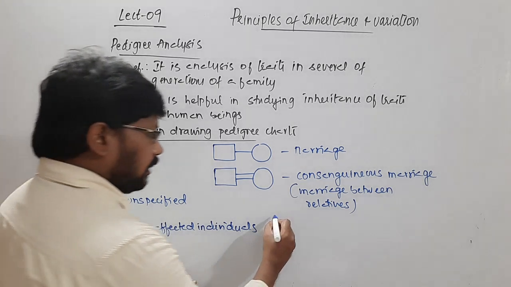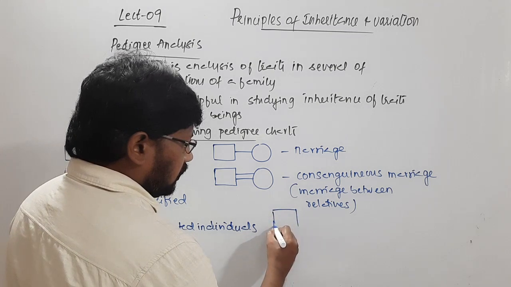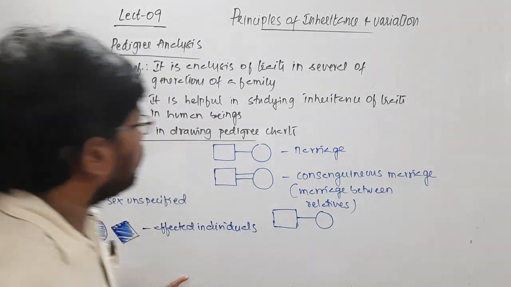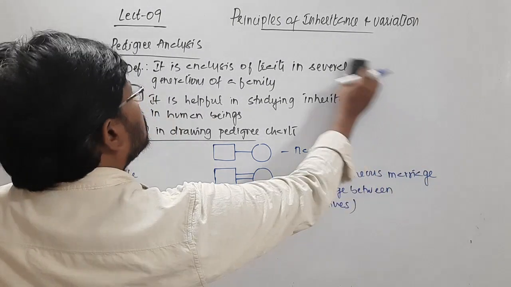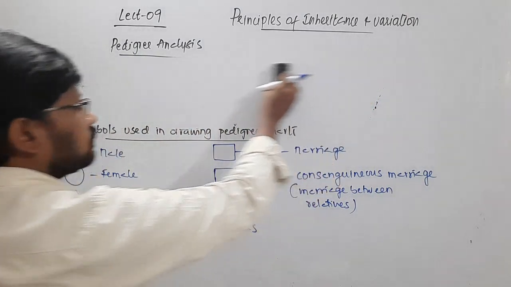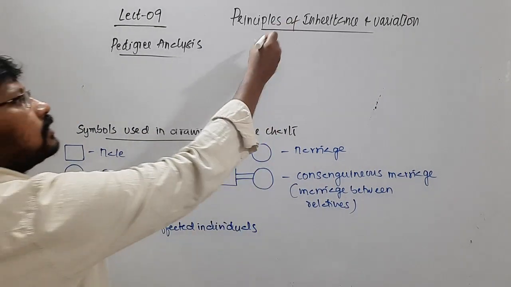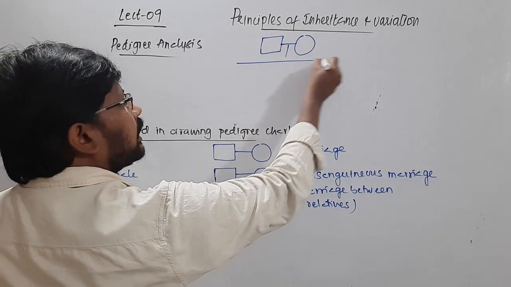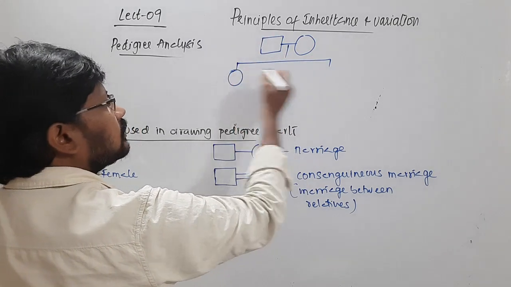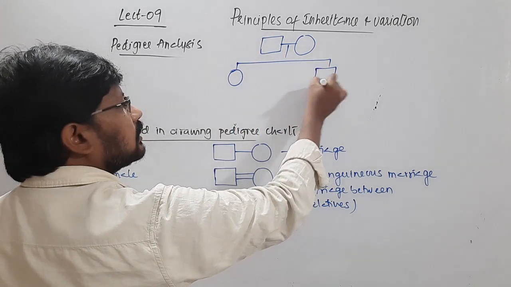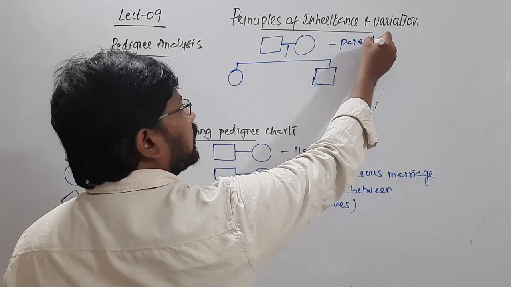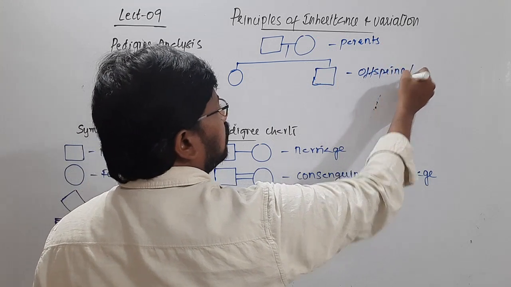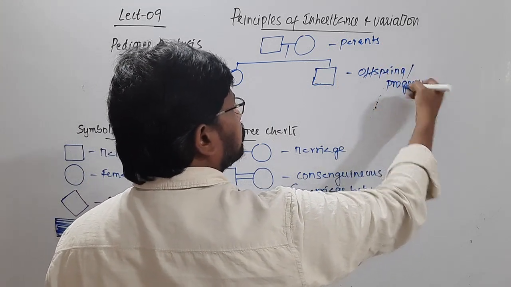Then if I draw something like this, with a line below it, this indicates the above ones are parents and the below ones are offspring or progeny.